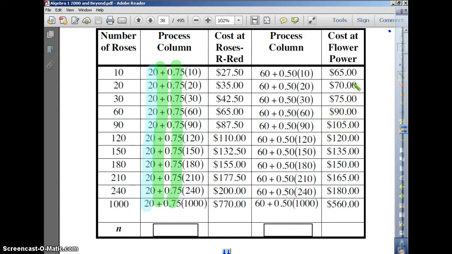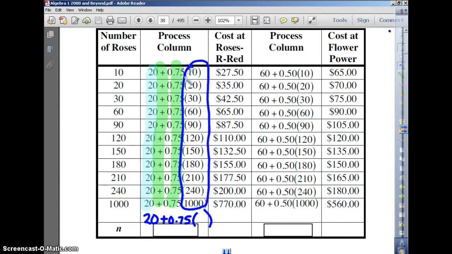So down in our box, in this box right here, we're going to write 20 plus 0.75. What are all of these numbers here that are always changing? Yeah, this is your variable.